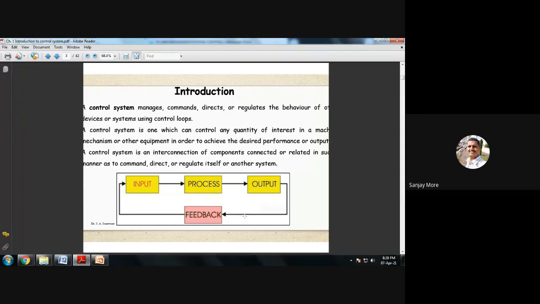Itself or another system. Okay. This is the introduction of control system.